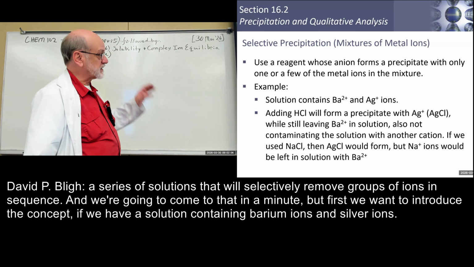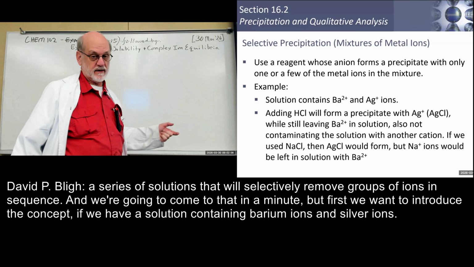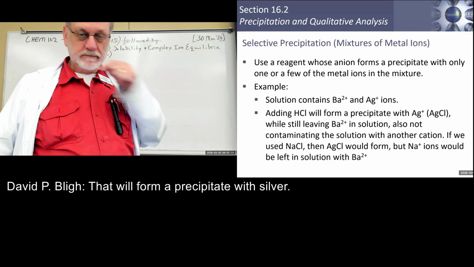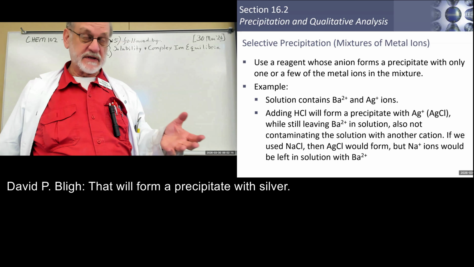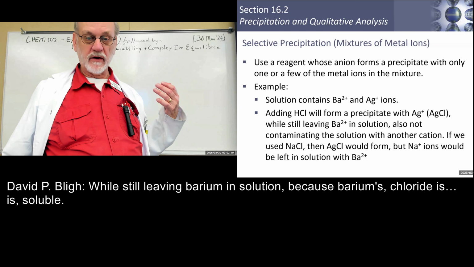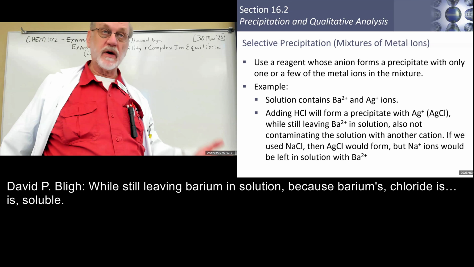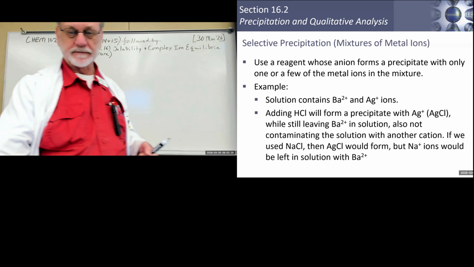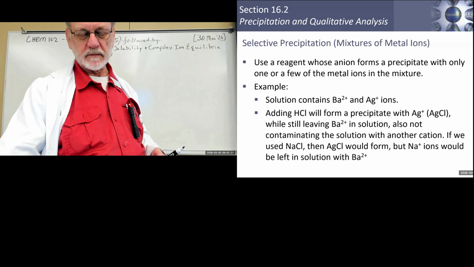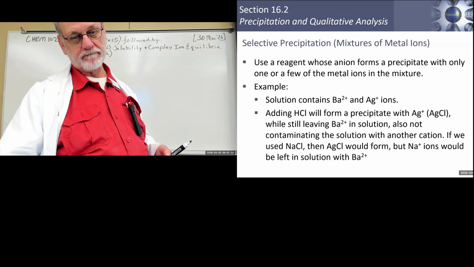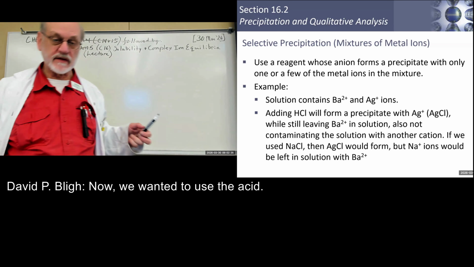If we have a solution containing barium ions and silver ions, if we add hydrochloric acid, that will form a precipitate with silver, while still leaving barium in solution, because barium's chloride is soluble. Now we wanted to use the acid.